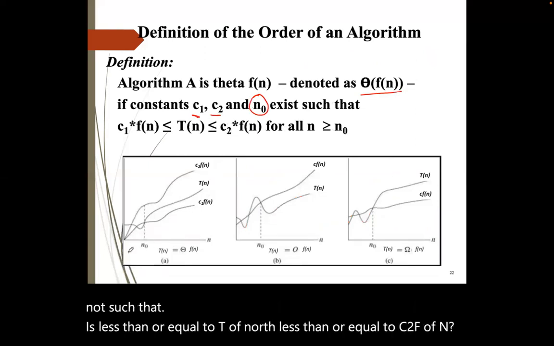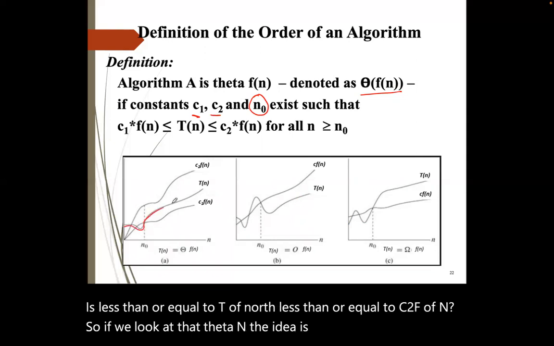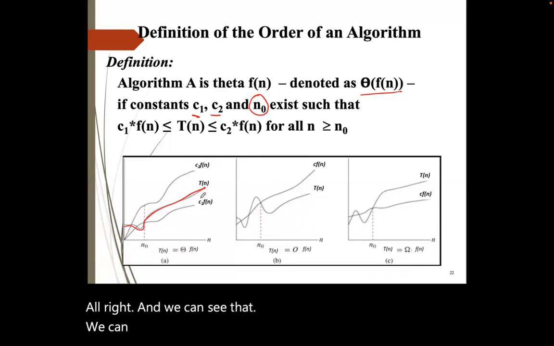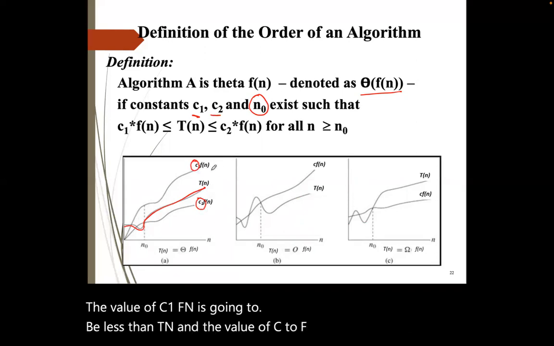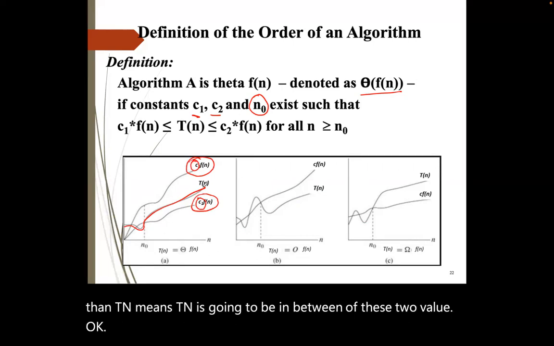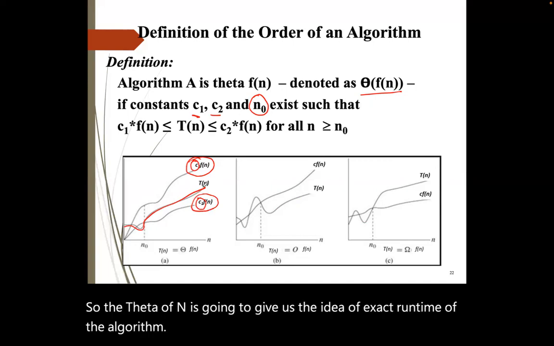So if we look at theta, the idea is that this is our T(n), and we can find the values of c1 and c2 for which c1 f(n) is going to be less than T(n), and c2 f(n) is going to be greater than T(n), meaning T(n) is going to be in between these two values. So theta of f(n) is going to give us the idea of the exact runtime of the algorithm.